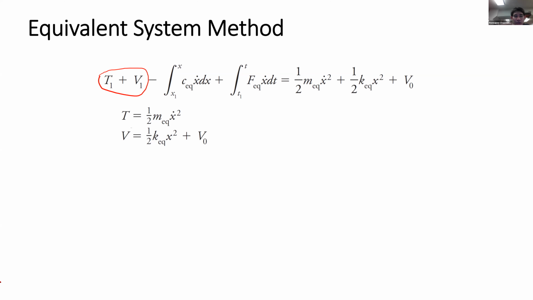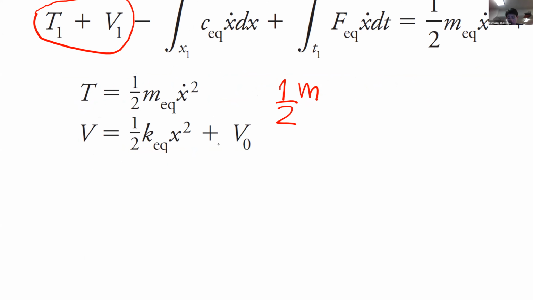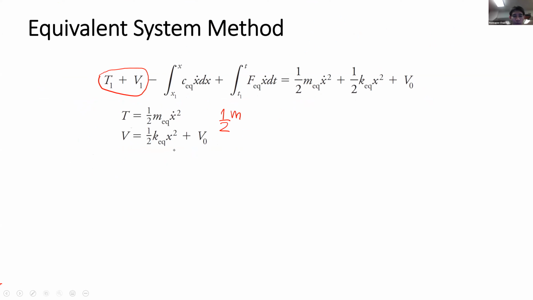T1 should be the kinetic energy, 1/2 multiplied by the equivalent mass, times x dot squared at time T1. This is the kinetic energy. For the potential energy, this x is also x at time T1.